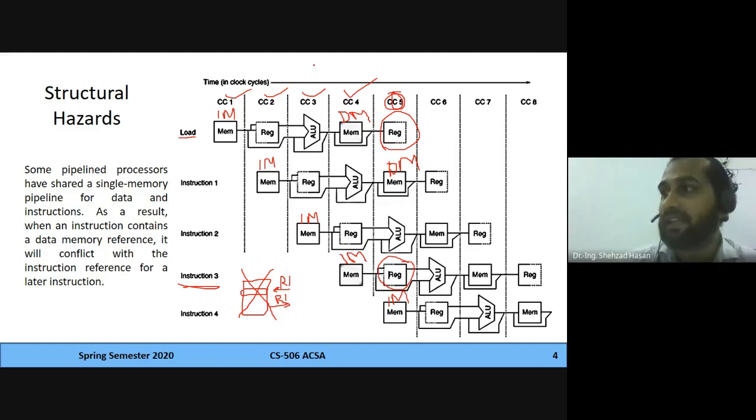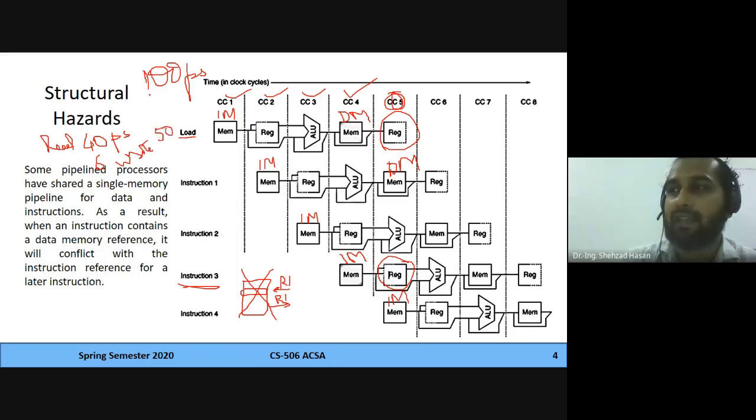So if my cycle time is something like say 100 picoseconds, and my register reading takes about, say, 40 picoseconds, and writing takes about, say, 50 picoseconds. This is the reading time, and say the writing time is 50 picoseconds.